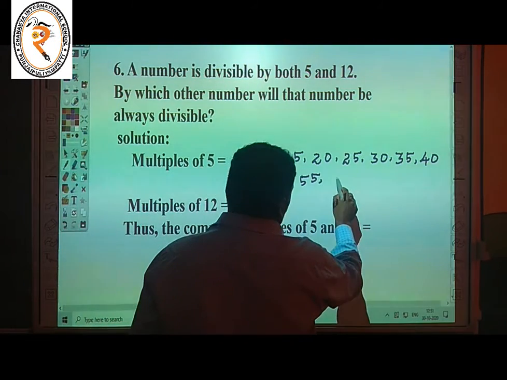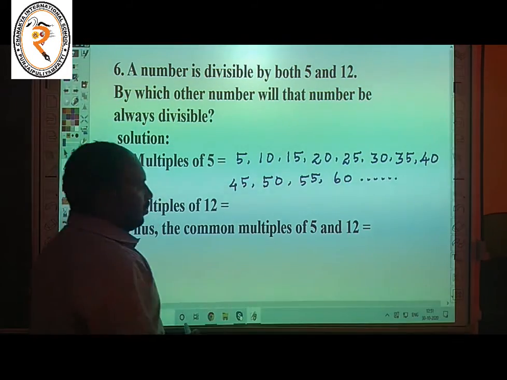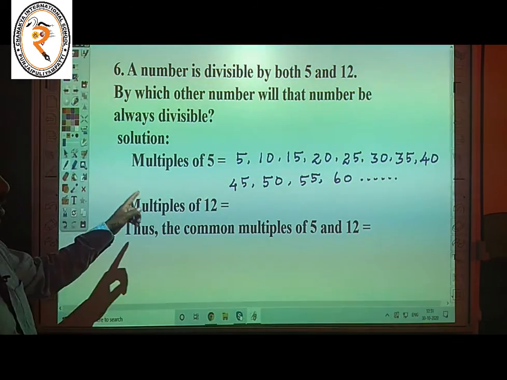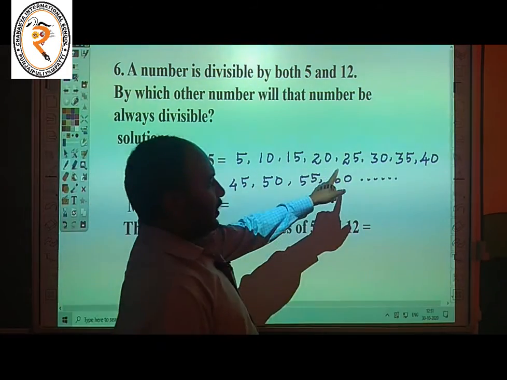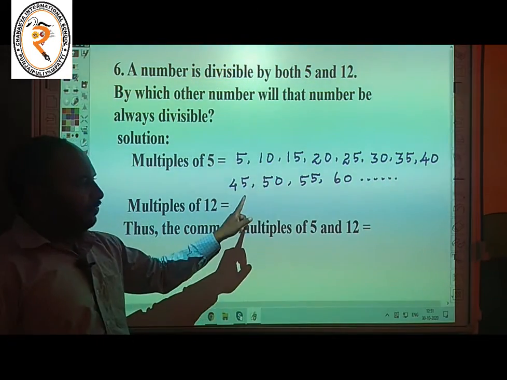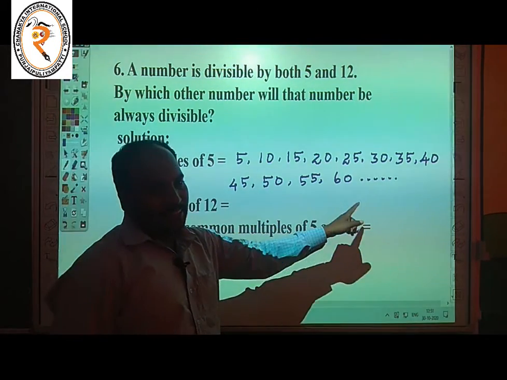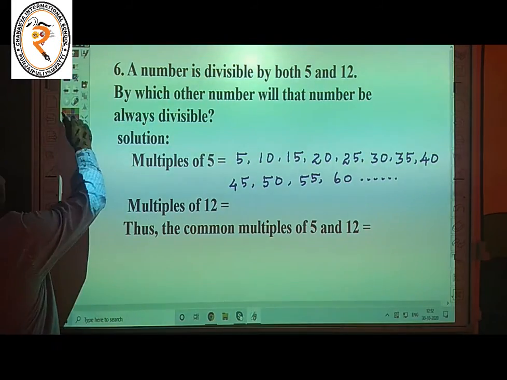And then 12 fives are 60, and so on. So multiples of 5 are 5, 10, 15, 20, 25, 30, 35, 40, 45, 50, 55, 60 and so on. The next we go to the multiples of 12.